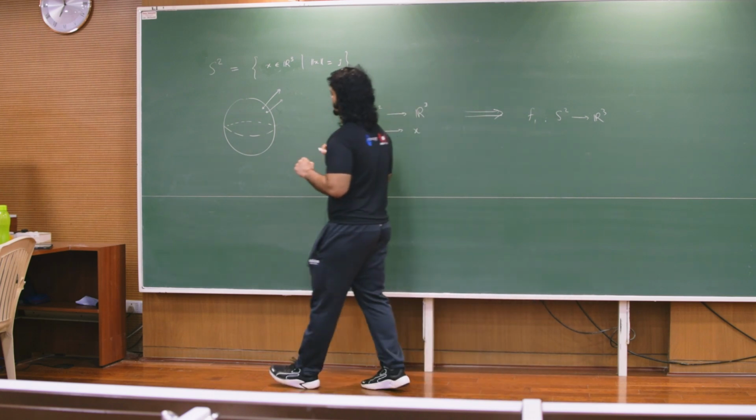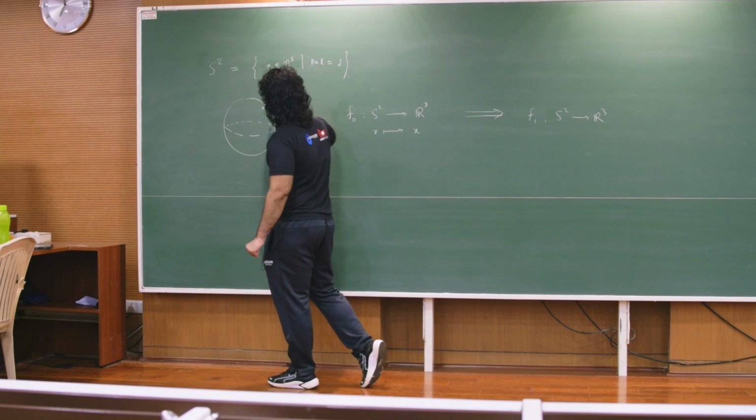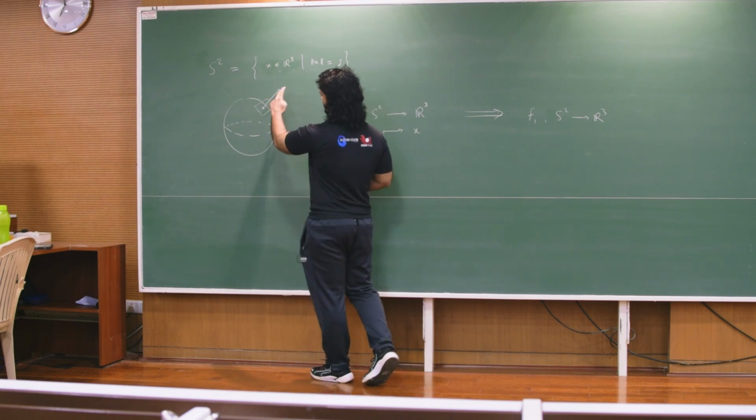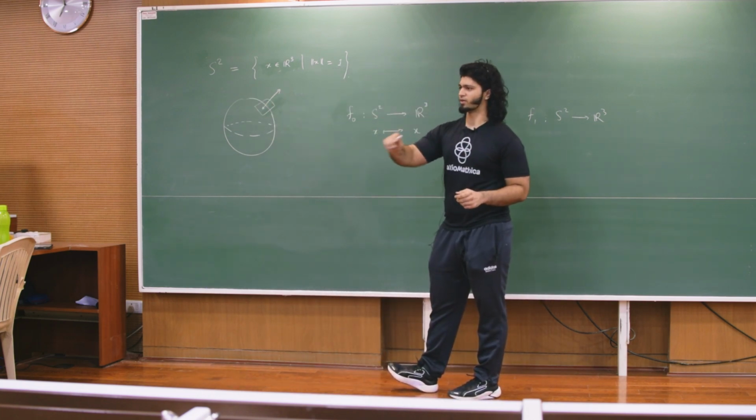What I mean by that is each hair should end up tangent to the sphere at this point, and it starts with length 1, so it should stay length 1. You are basically taking the hair and putting it down.